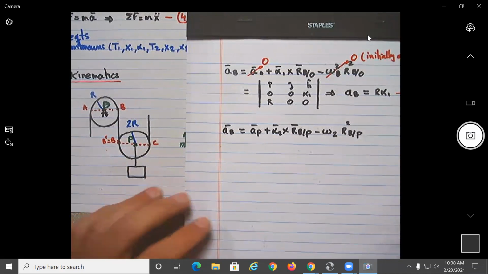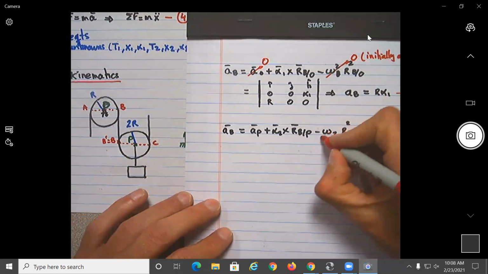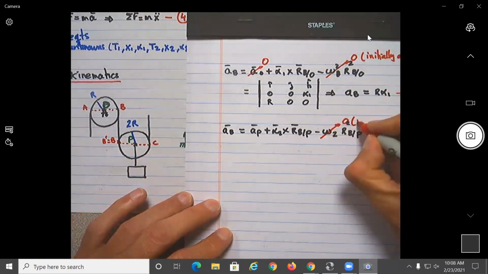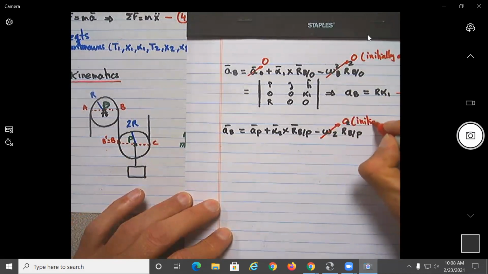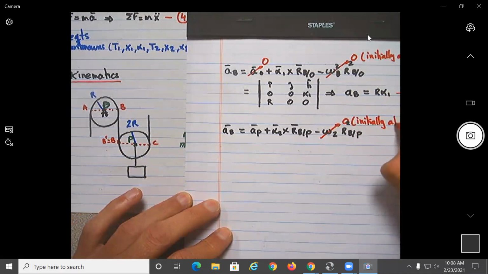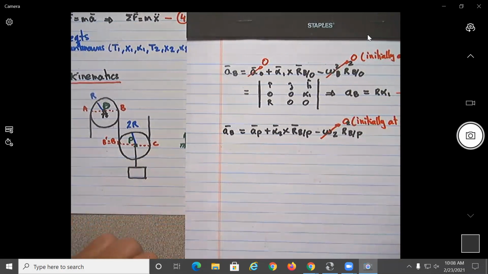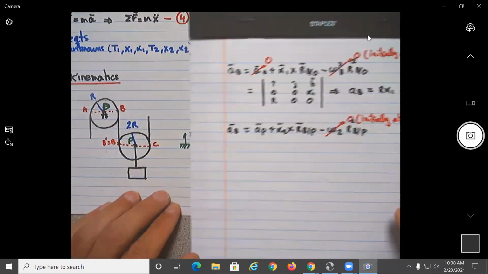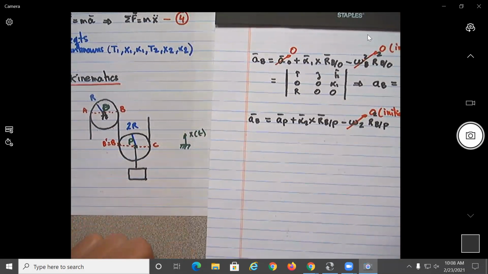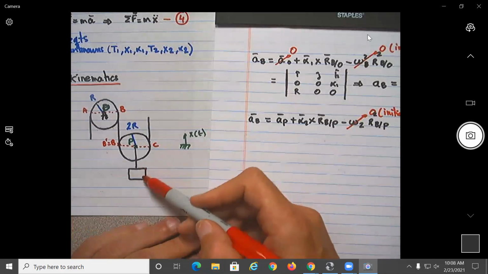So again, if the system is initially at rest, this will be 0, no? What would be A sub P? It would be x double dot, no? It's our origin.